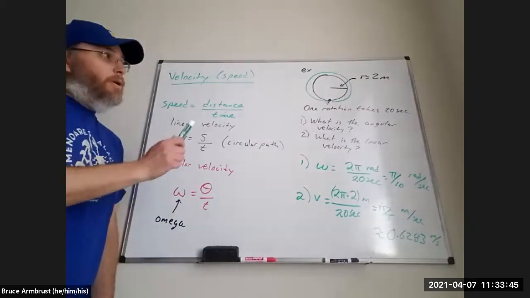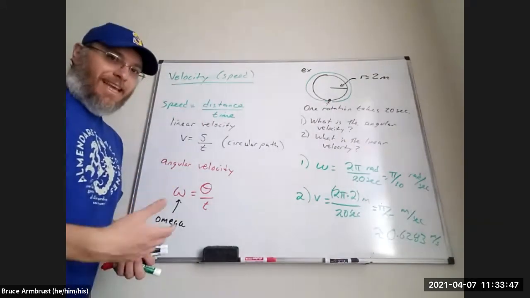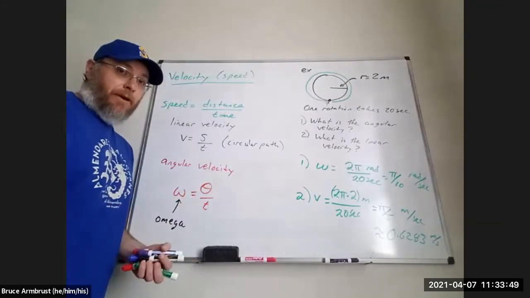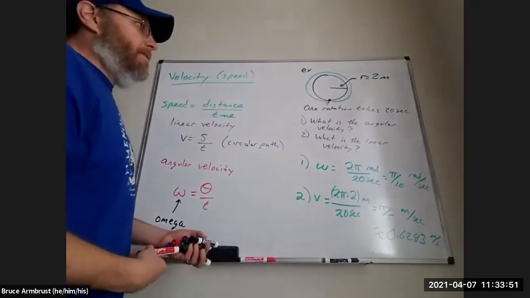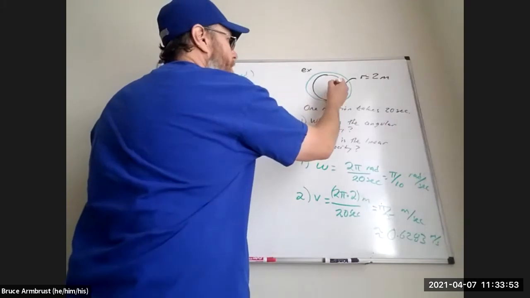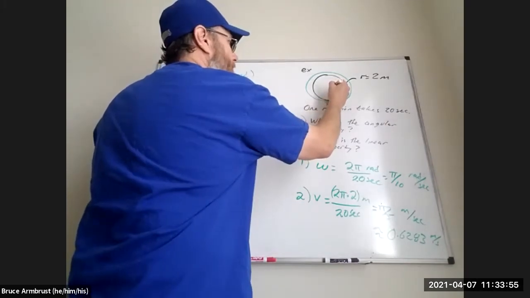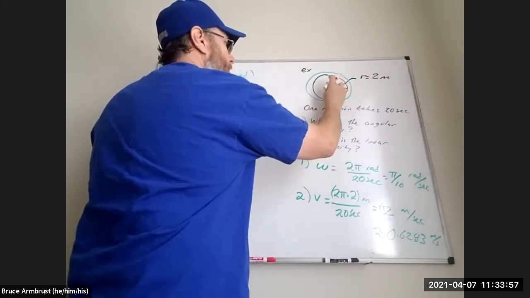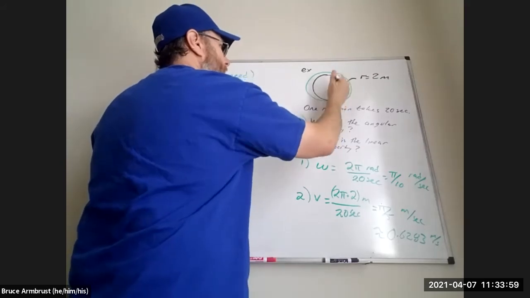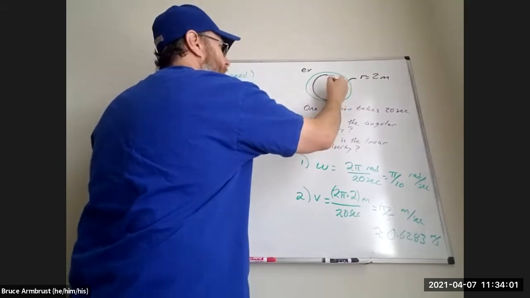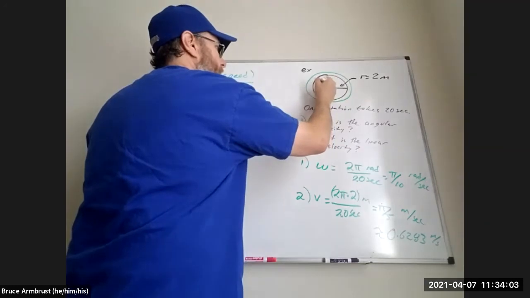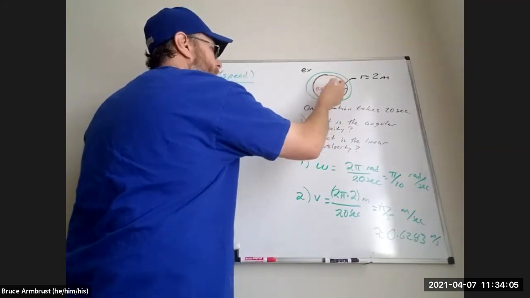All right, real quick, what if we hadn't been all the way on the outside of this merry-go-round? What if we'd been somewhere in the middle? And I'm not going to go exactly in the middle, but let's say that we're a distance of 1/2 meter from the center.